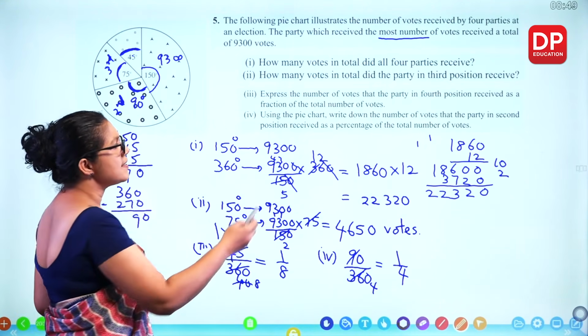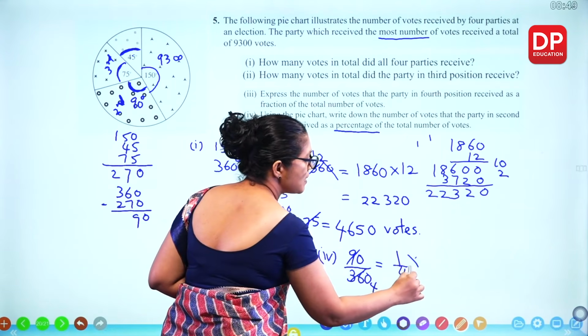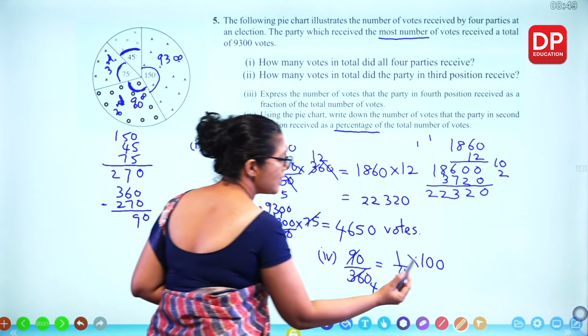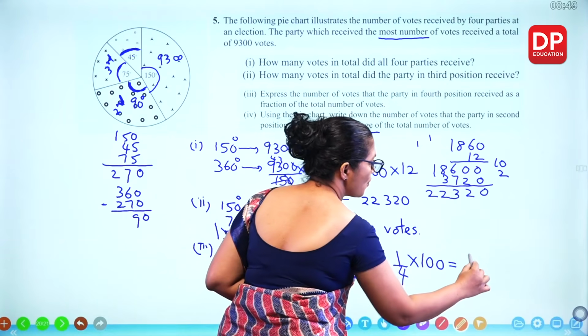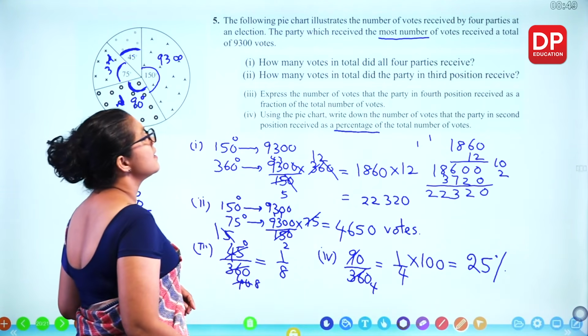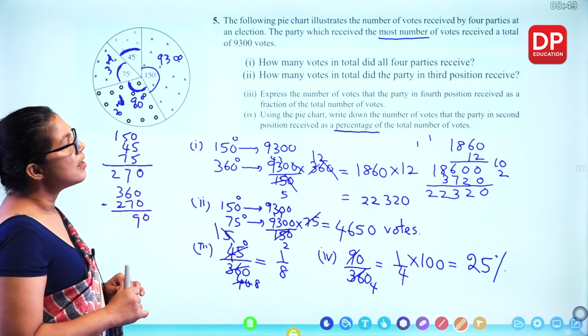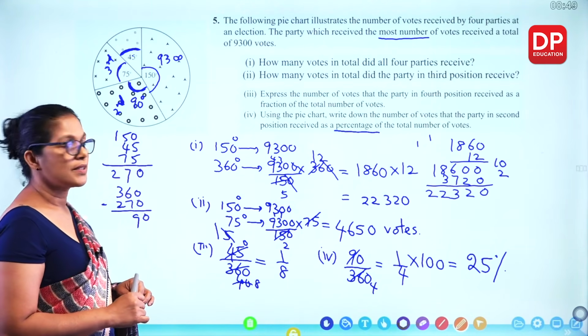So easily we can convert to percentage by multiplying by 100. So 100 times 1/4 is 25%. 25% of the votes are there for the second position.